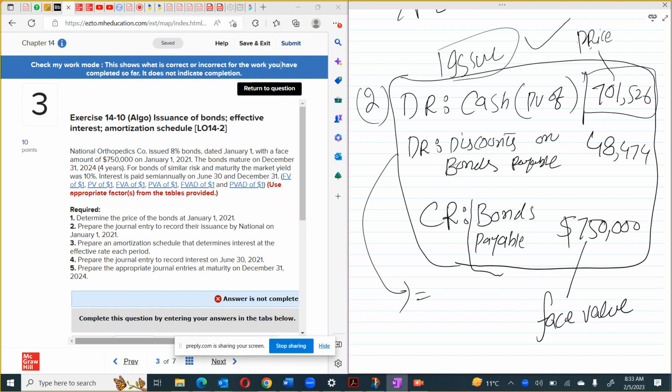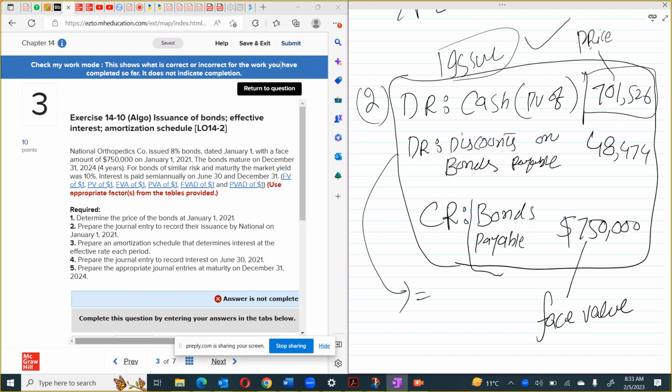So very quickly, if I go to the straight line method, remember, the difference between the effective interest rate method and the straight line method is the calculation of discount. How will you calculate this table, this premium, this amount?